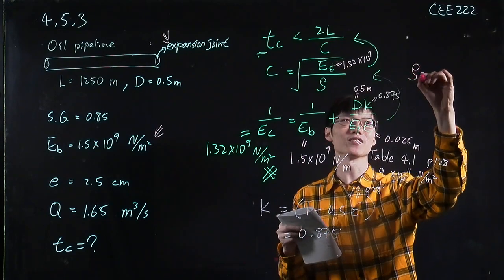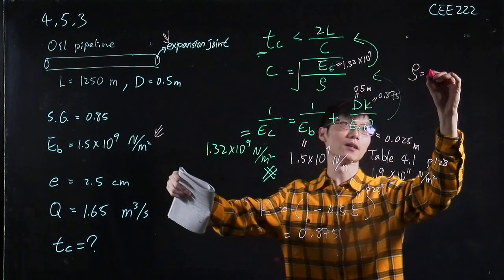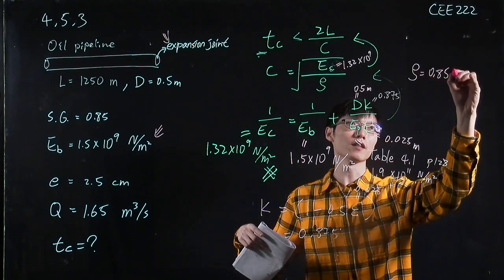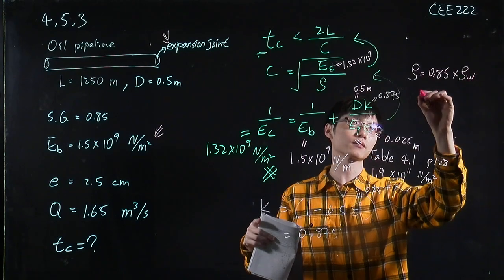The density of the oil is the specific gravity, 0.85, times the density of the water.